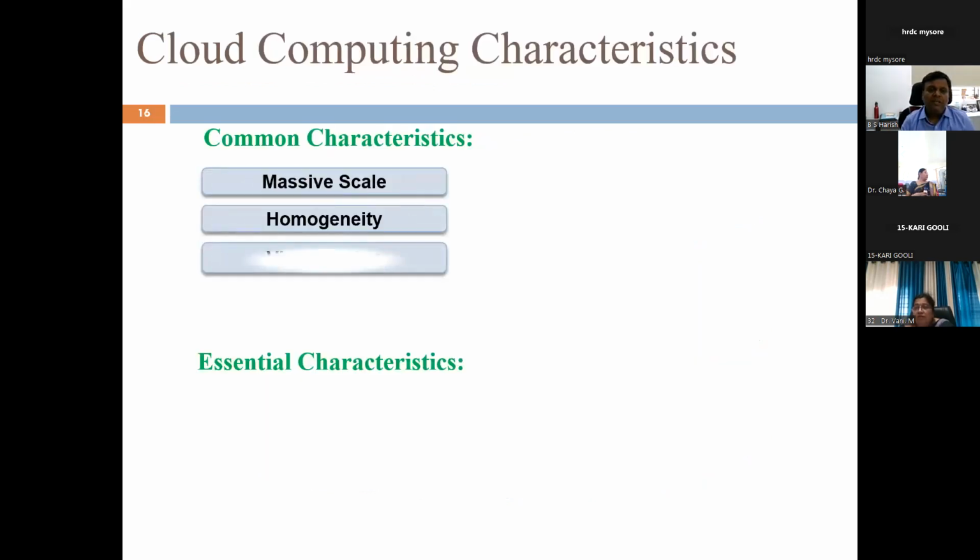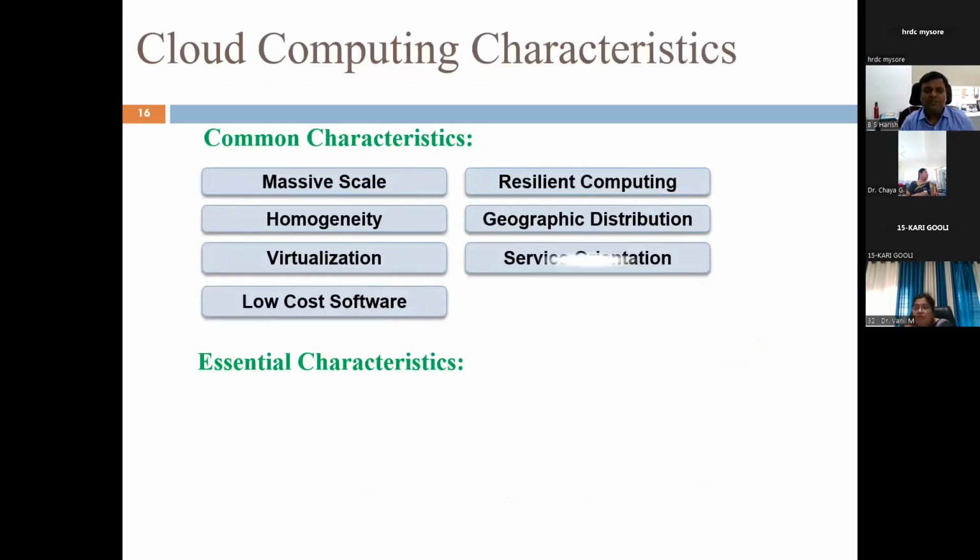What are the common characteristics with respect to cloud computing? One is massive scalability of the data. Then comes homogeneity, which means we are trying to push the same set of data. Then we have virtualization, which means something that physically does not exist but logically exists.